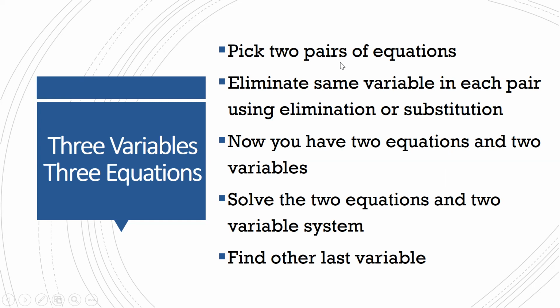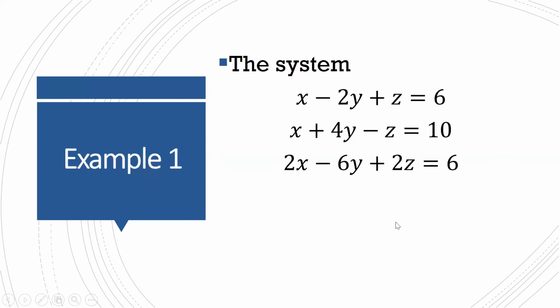So we pick two pairs of equations, eliminate the same variable in each. Then we'll be left with two equations, two variables, solve those, plug that answer in to find the last variable. Let's look at an example.